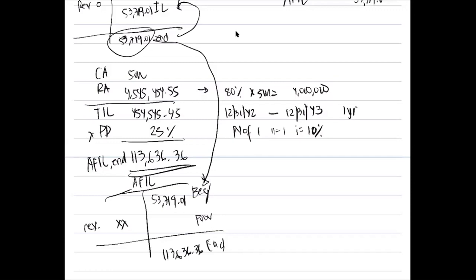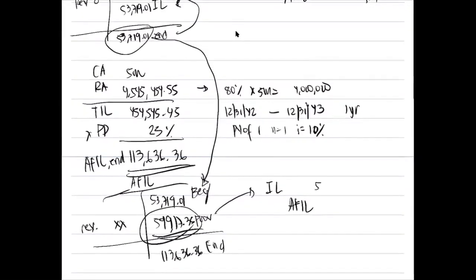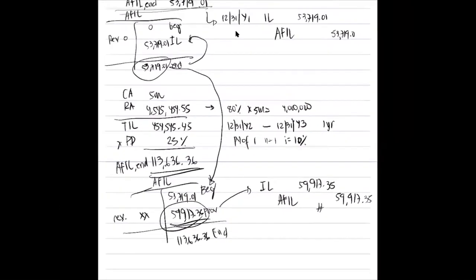So our provision is equal to 59,917.35. Okay, so to record this provision, we debit impairment loss, we credit allowance for impairment loss, 59,917.35.